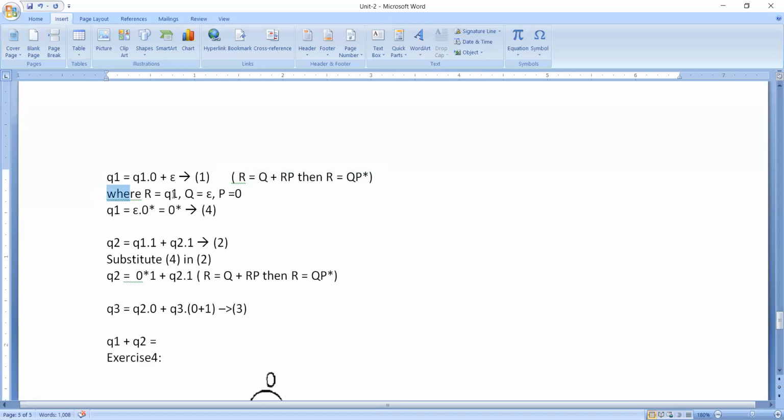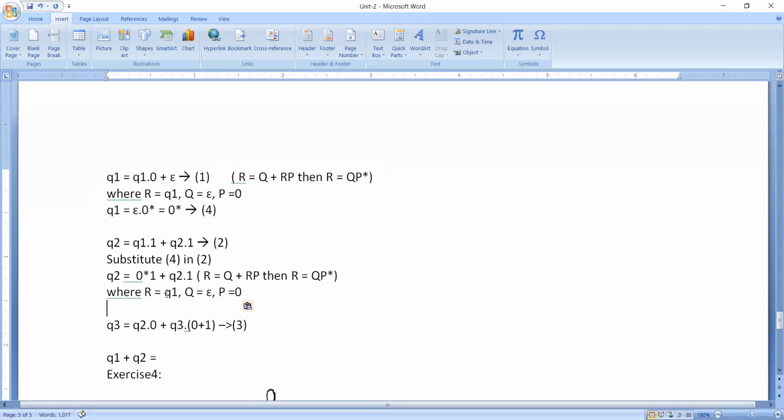So now I am writing where the value of R is Q2, Q is 0 star 1, and P is also 1, because this is Q plus R P. P is 1.